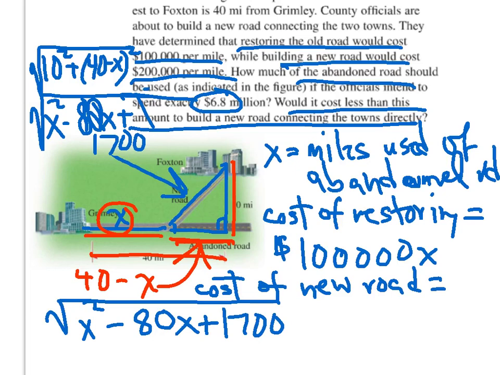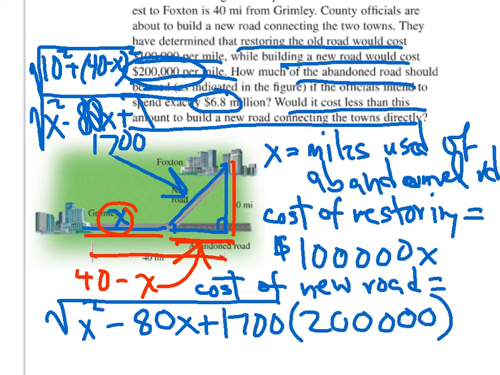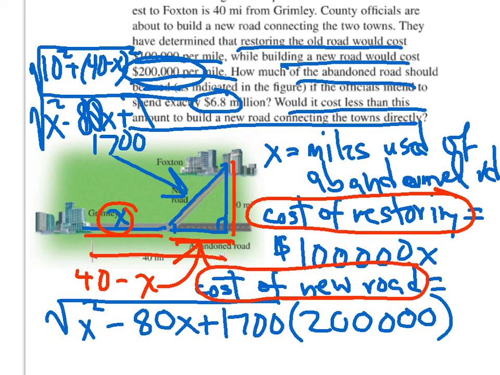And that is $200,000, so times 200,000. Well, these two costs, the cost of restoring the old road added to the cost of building the new road, has to equal the total cost of $6.8 million, and that's our equation.